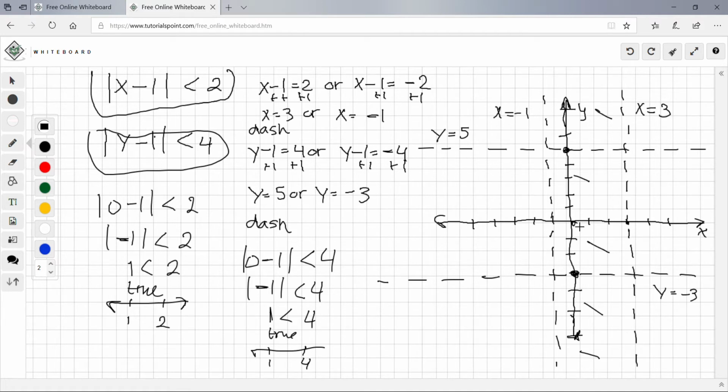So we can shade our region, this whole box. I'm not going to shade it here because it doesn't satisfy the other inequality, so I'm going to shade just this region, and I'm going to use a different color.